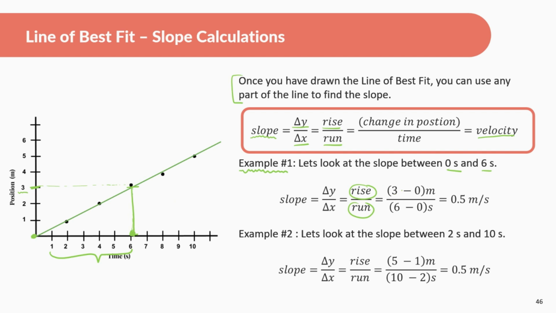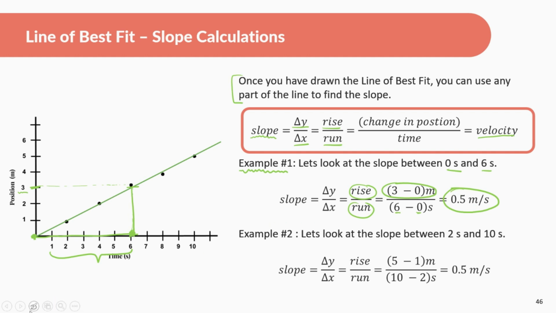So we have the rise from 0 to 3. And now the run: the run is from 0 seconds to 6 seconds, so it's going from here to here. Now we're just doing 3 over 6 and we get 0.5 meters per second. So the slope of a position versus time graph will give us the velocity.